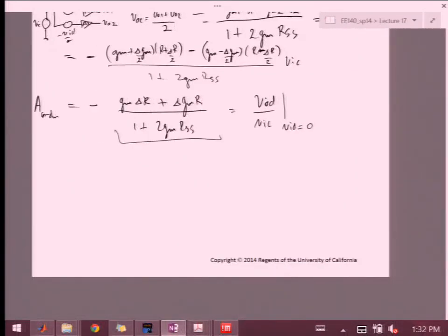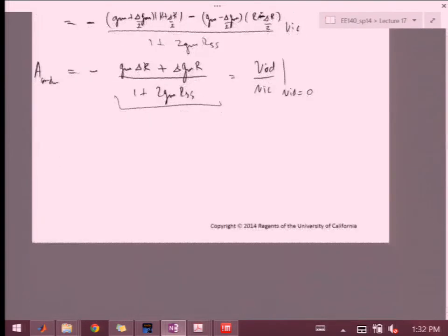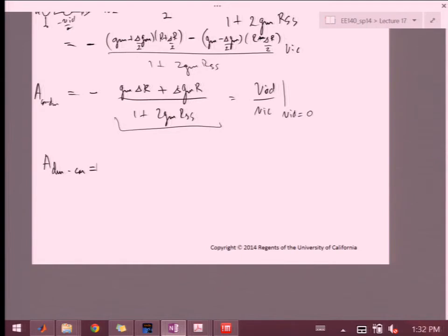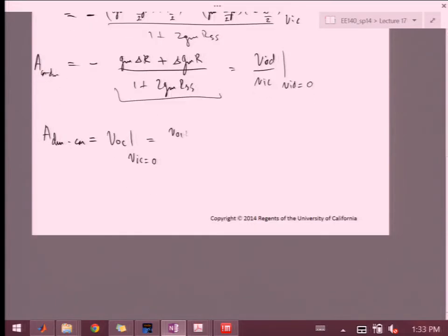Now, if you look at this approximation over here, we can also go for the differential to common mode. In differential to common mode, we get VOD for VID equals 0, or we get VOC. In this case, this is (VO1 plus VO2) over 2.